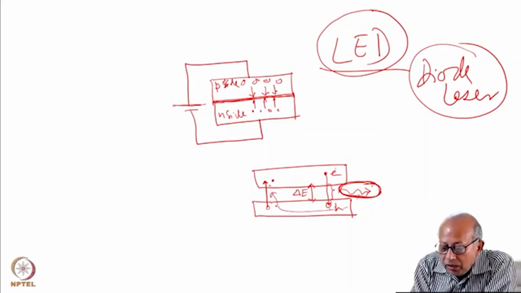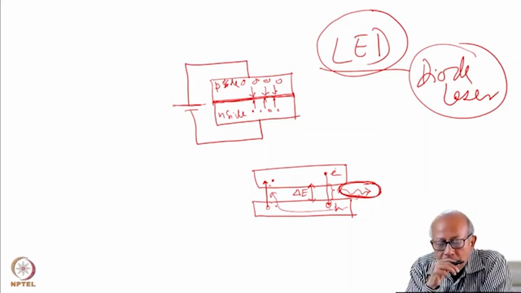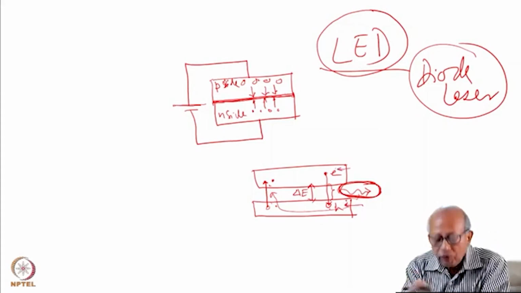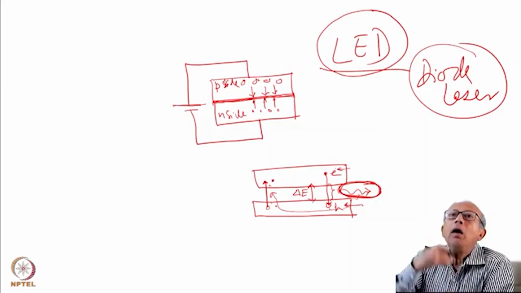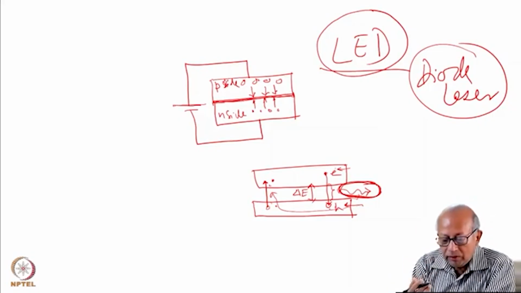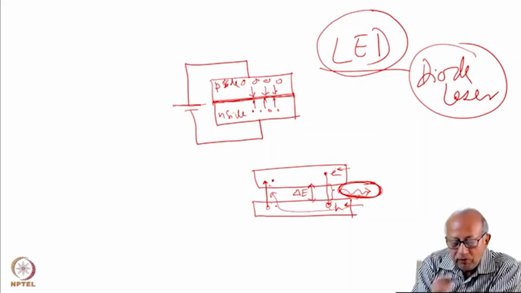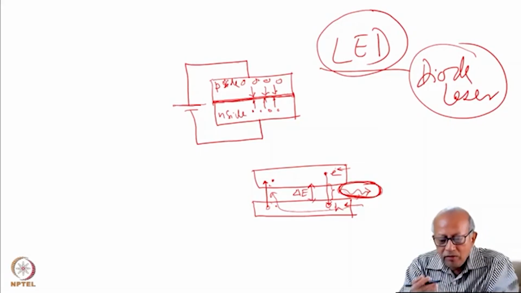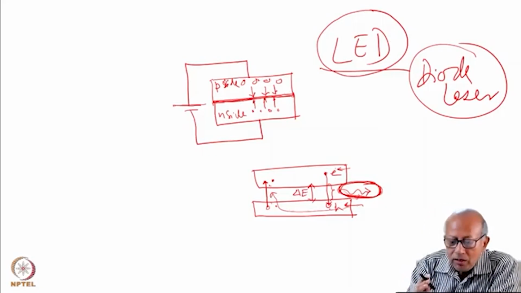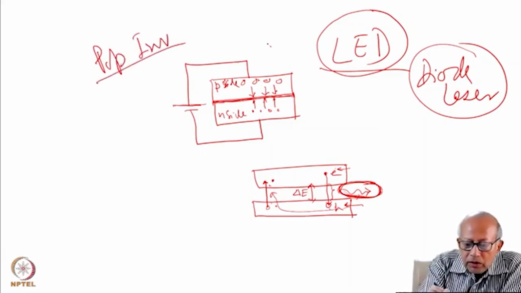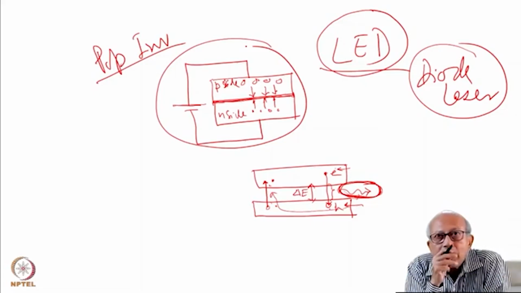So if you have to create more photons through recombination, that means you have to pump the electrons in the conduction band and holes in the valence band at a faster rate. The faster you pump them, with increased rate of recombination, more photons will be generated than will be absorbed. So when such a situation has been attained, we will say that the population inversion has been created in this system.